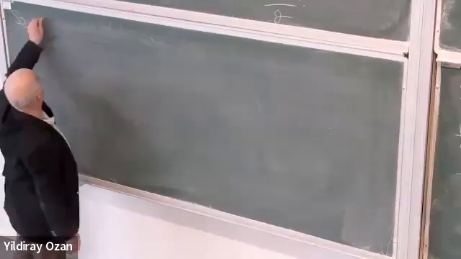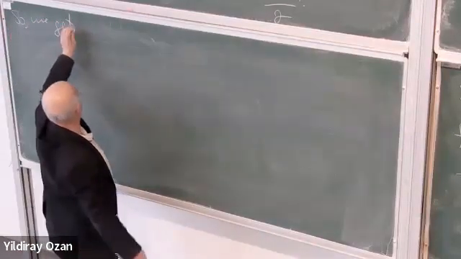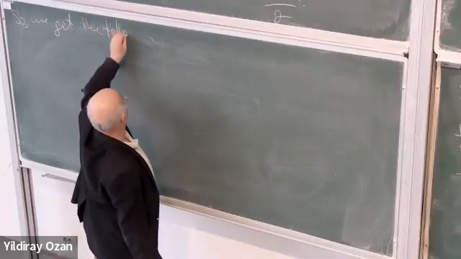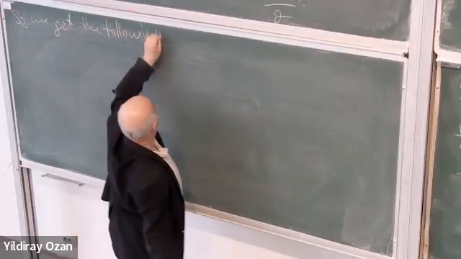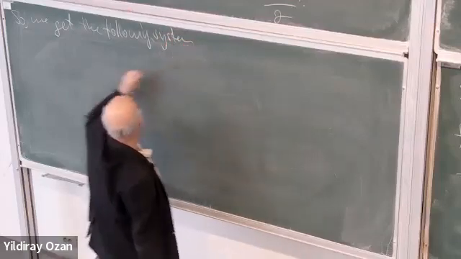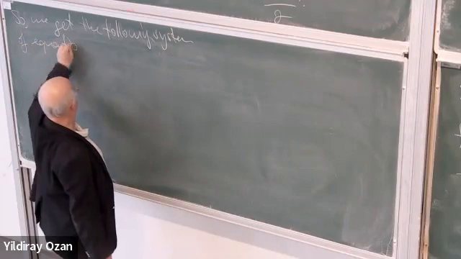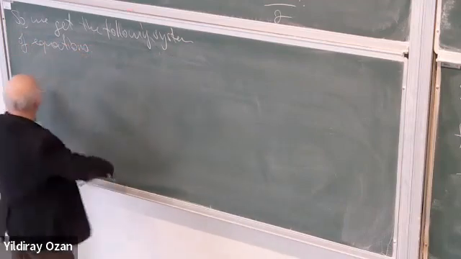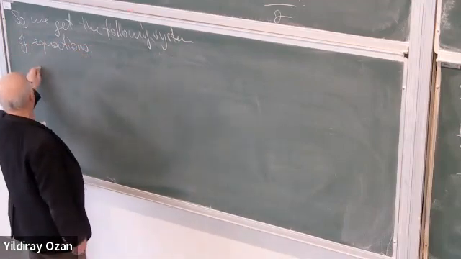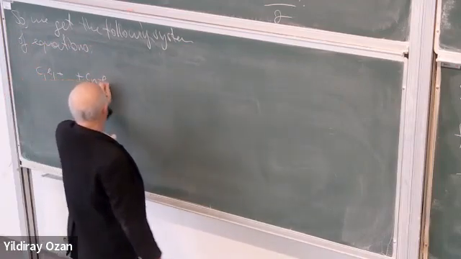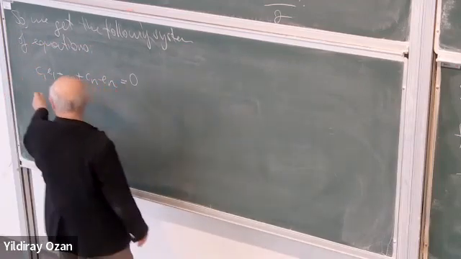So we get the following system of equations. C1 E1 + ... + Cn En equals 0.